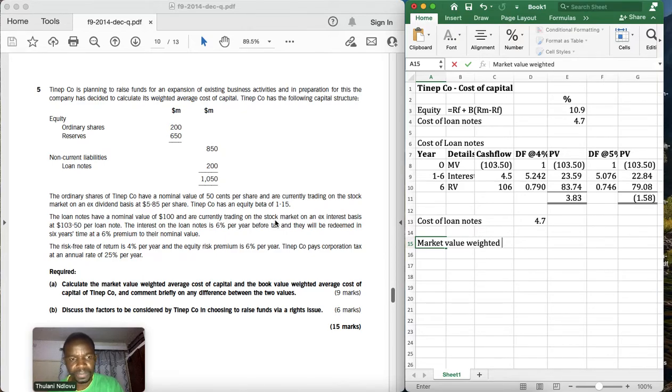The market value WACC: we have to create a table whereby we will say equity, loans, and here we have the book value, nominal value, market value, total market value, the cost, and the total.